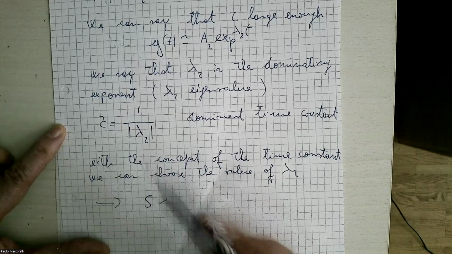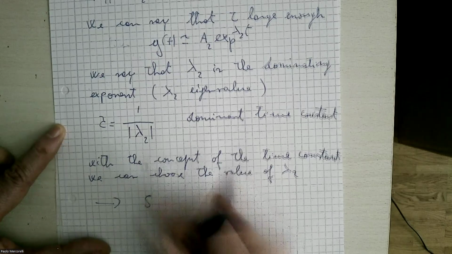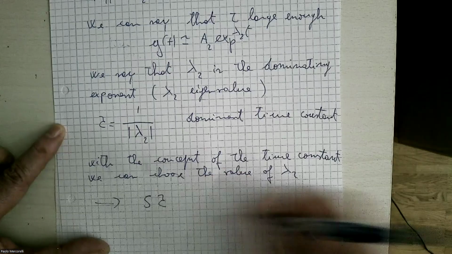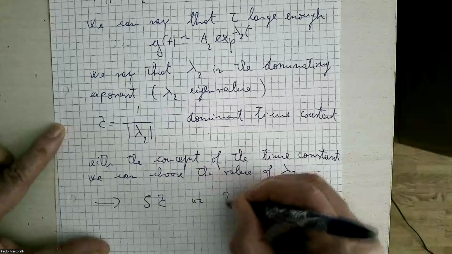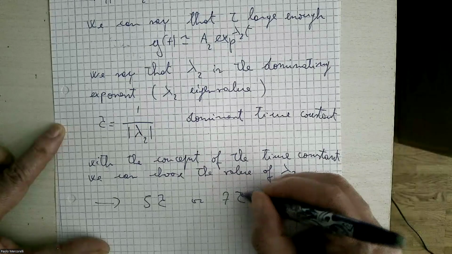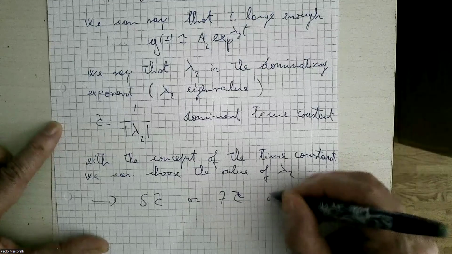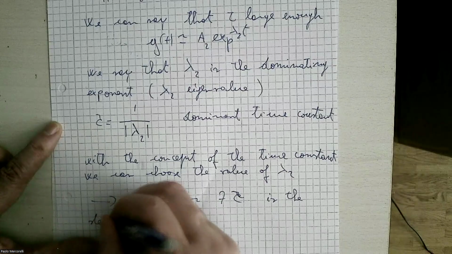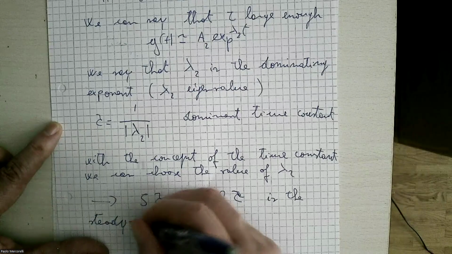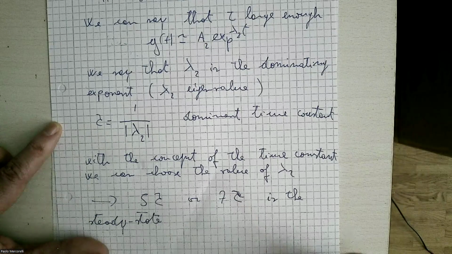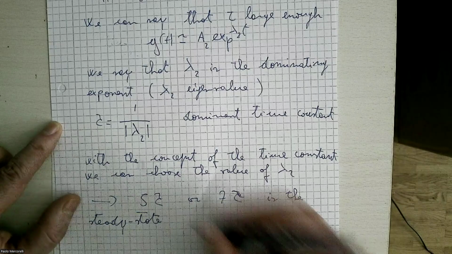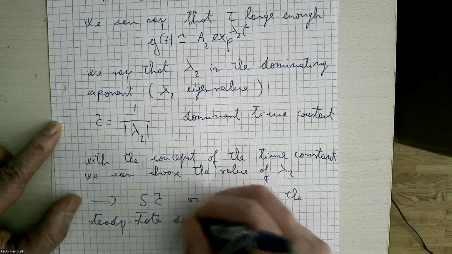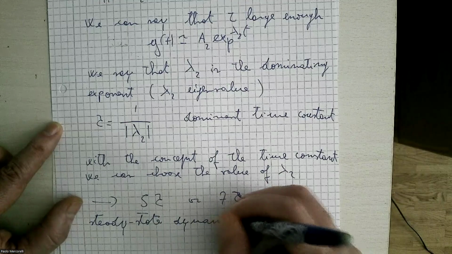You remember this constant here: 5 times or 7 times tau is the steady state dynamics.